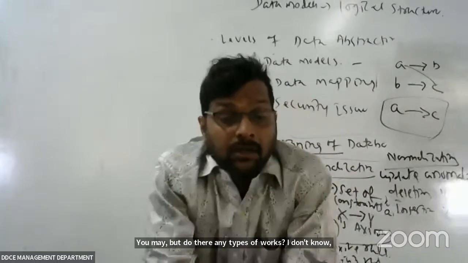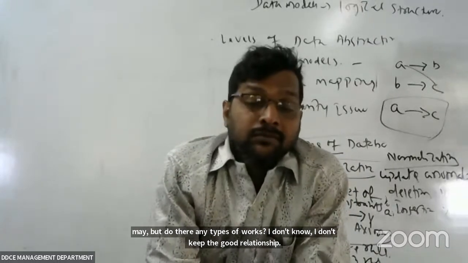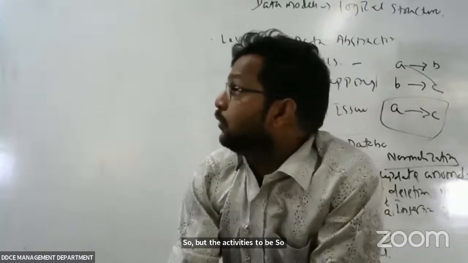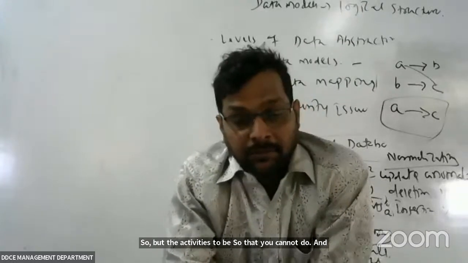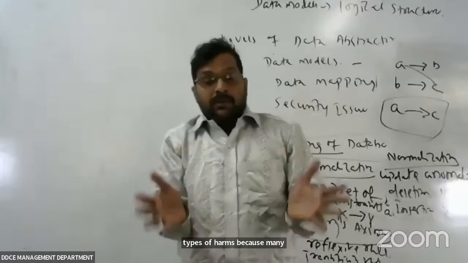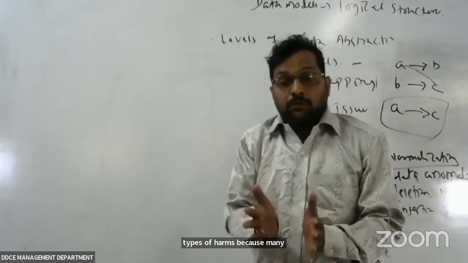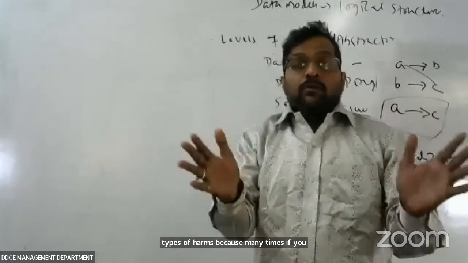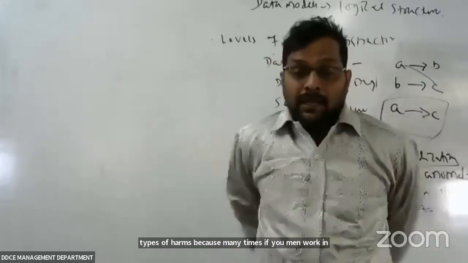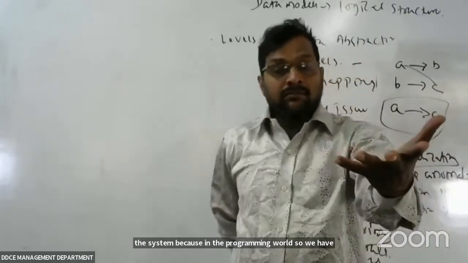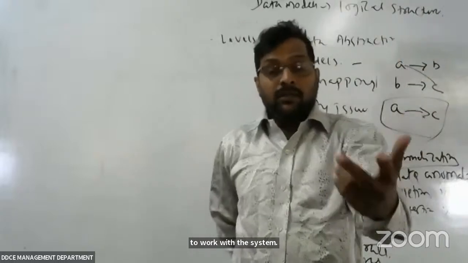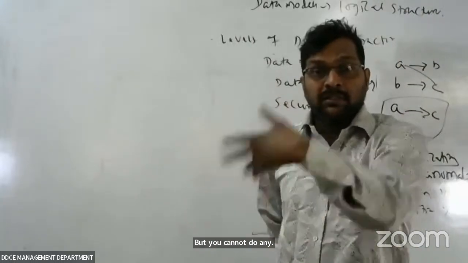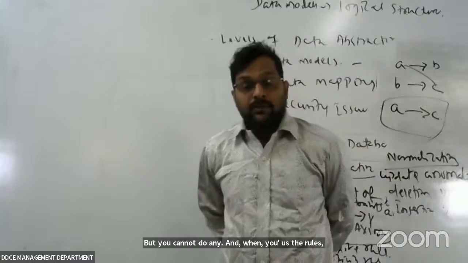But the activities are studied, so that you cannot do any type of harm. In programming also we have to work with the system global area, but you cannot do any harm. Although you enter, when you violate the rules, immediately the security features will come.